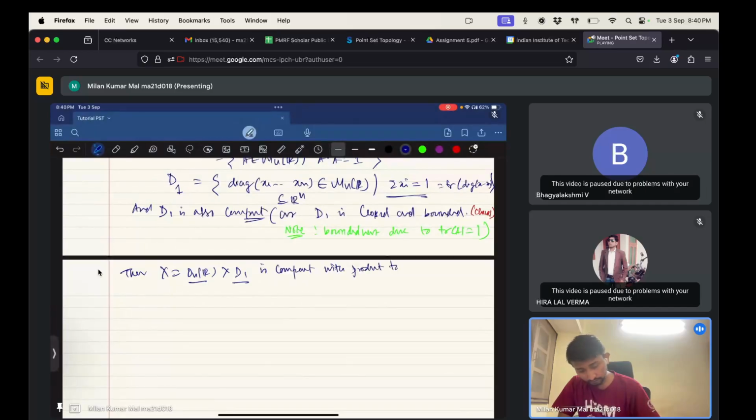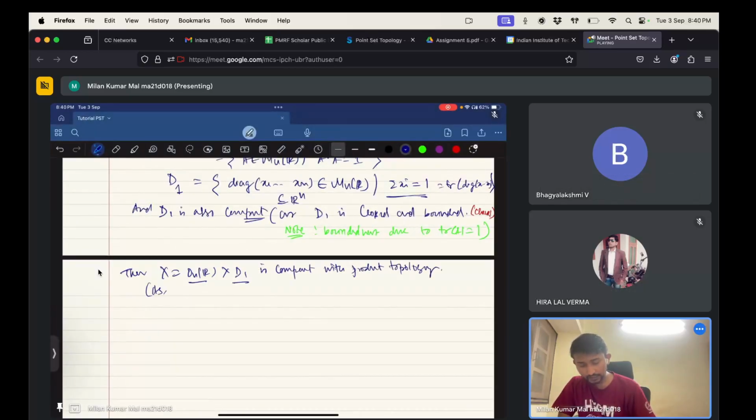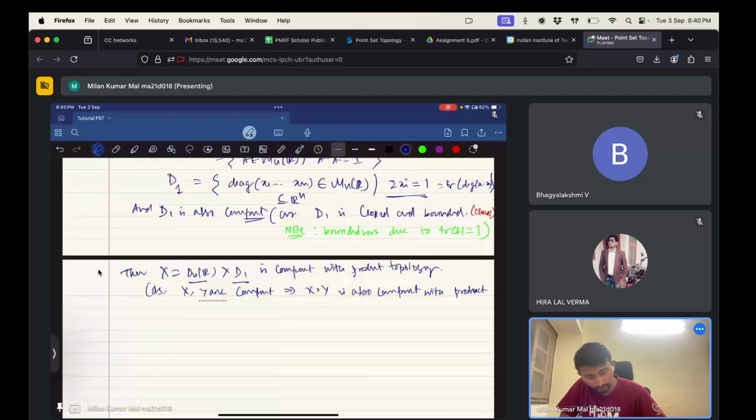As we have seen, if X and Y are compact, then X cross Y is also compact with the product topology. So that's why this is compact.